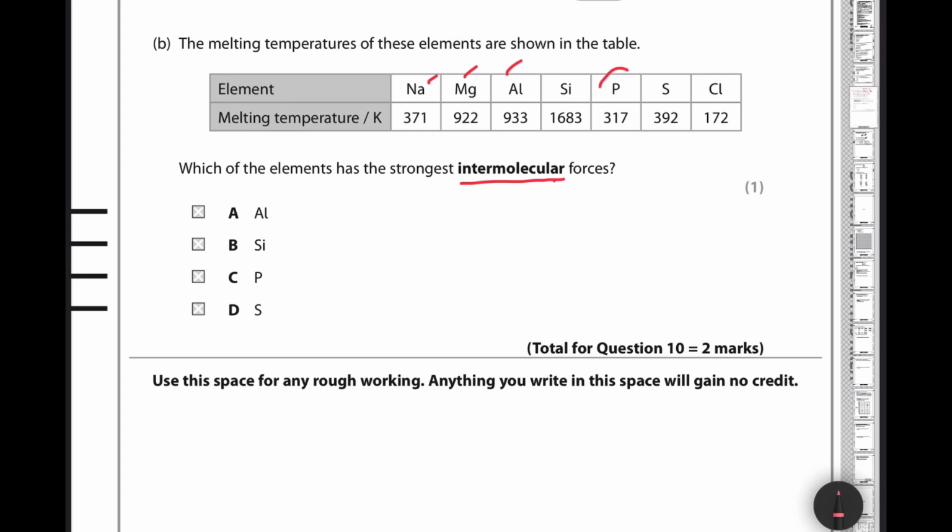Intermolecular forces are basically in non-metals. So if you see phosphorus, sulfur and chlorine, phosphorus is made up of 4 atoms, sulfur is made up of 8 atoms, chlorine is a diatomic molecule, but out of these three, sulfur is going to have the strongest intermolecular force.